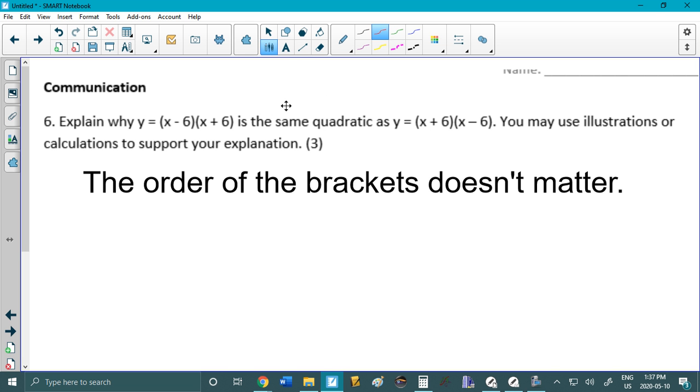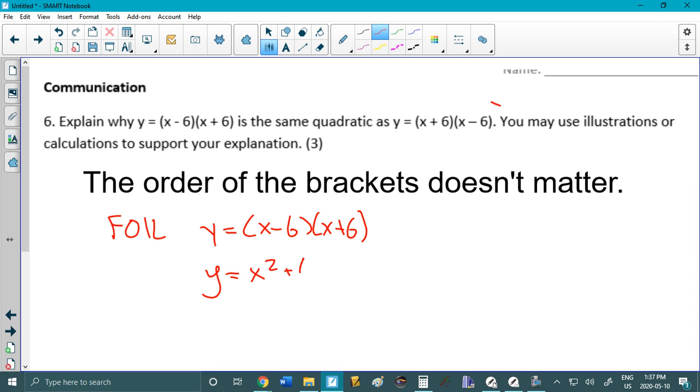So I said here you may use illustrations or calculations. So let me show you this. We're going to FOIL. Y equals x minus 6, x plus 6. And we get y equals x squared plus 6x minus 6x minus 36. Or y equals x squared plus 0x. We can just ignore it.